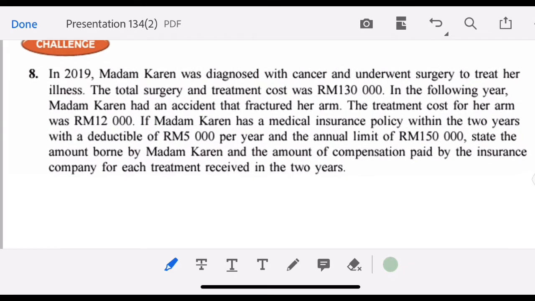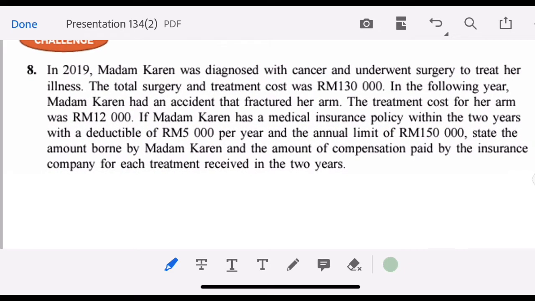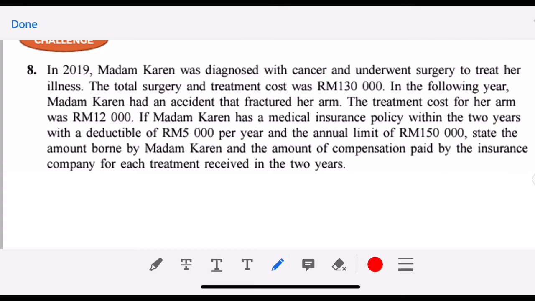In 2019, Madam Karen was diagnosed with cancer and underwent surgery to treat her illness. The total surgery treatment cost 130,000.